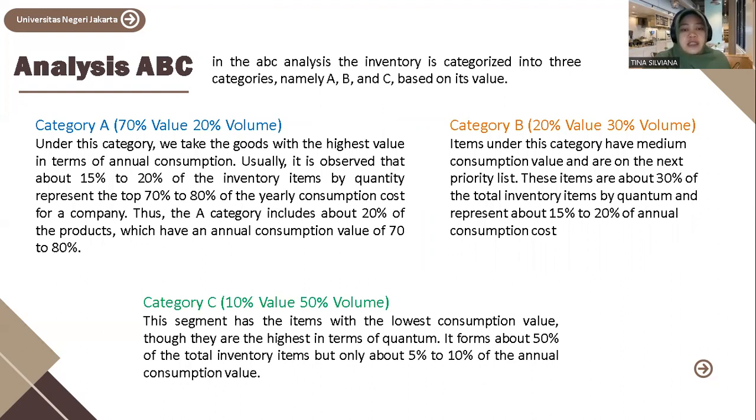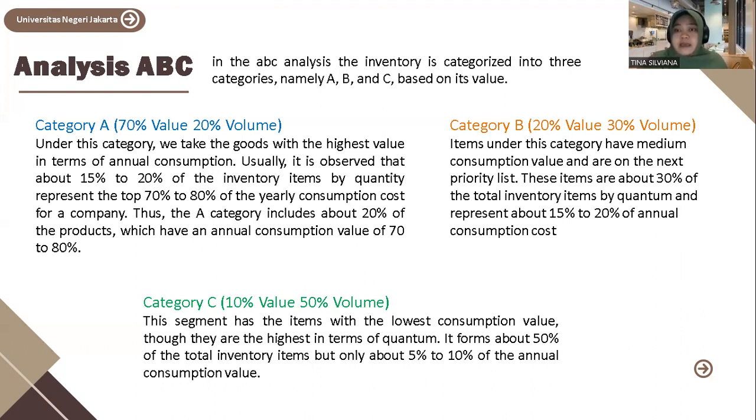Usually, it is observed that about 15% to 20% of the inventory items by quantity represent the top 70% to 80% of the yearly consumption cost for a company. Thus, the A category includes about 20% of the products, which have an annual consumption value of 70 to 80%.